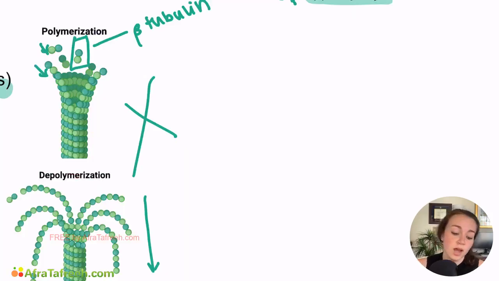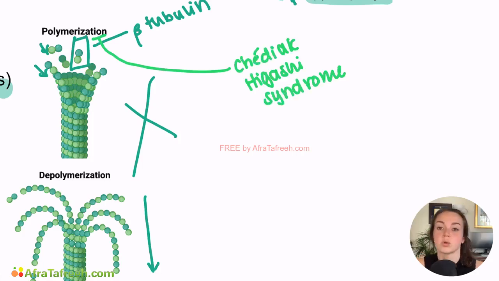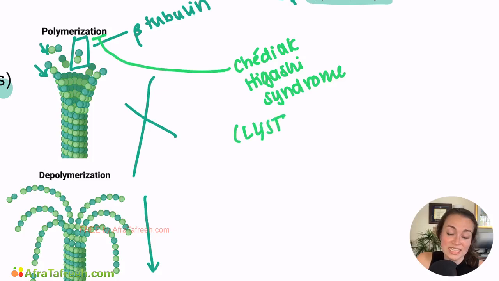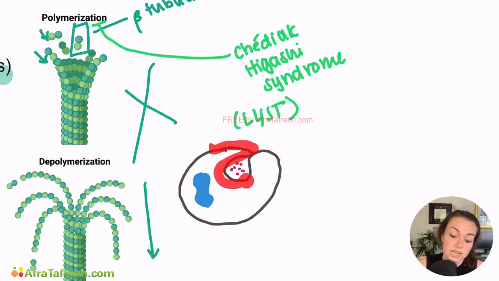In addition to drugs that inhibit microtubule polymerization, there are also disorders that inhibit microtubule polymerization. For example, one called Chediak-Higashi syndrome, which is an autosomal recessive disorder in the lysosomal trafficking gene, or the LYST gene. So let's say that we have a cell here, and this cell has just phagocytosed a bunch of particles. So this right here is the phagosome.